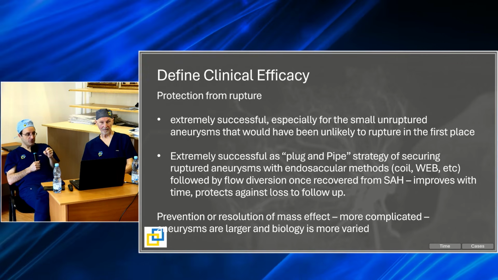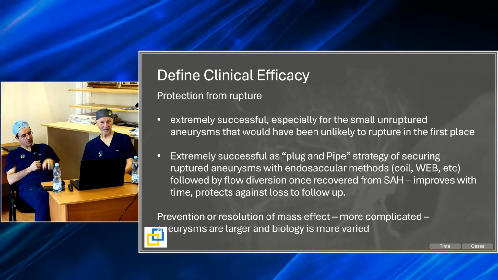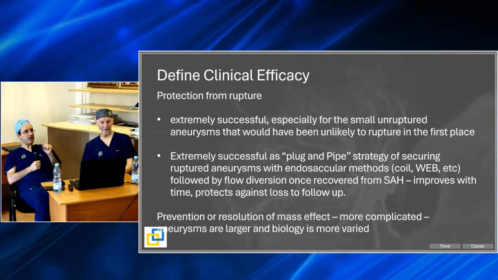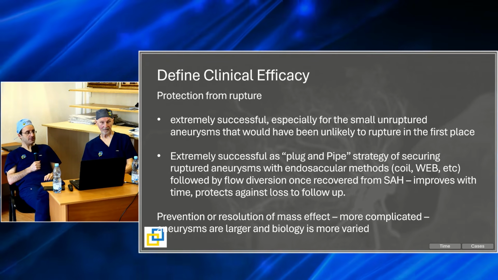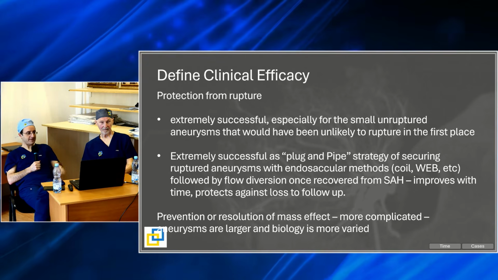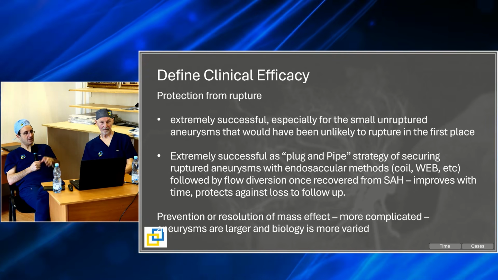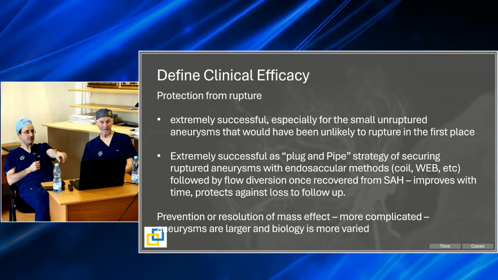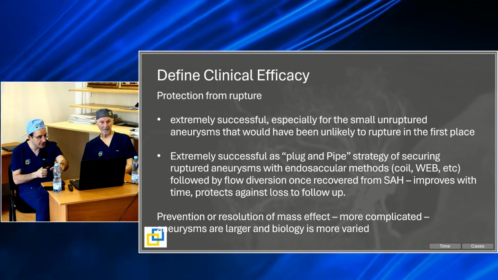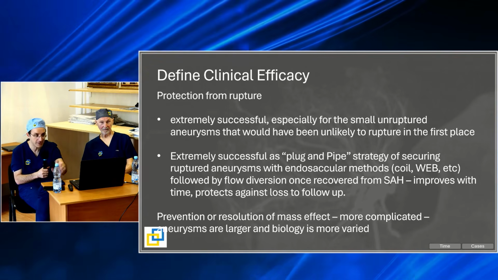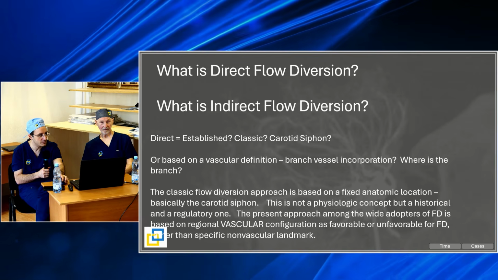So reducing the size of the aneurysm and reducing the mass effect is oftentimes more challenging. That requires a different strategy, many times using multiple devices and some of the things that we will mention. So clinical efficacy in terms of mass effect is often more challenging.